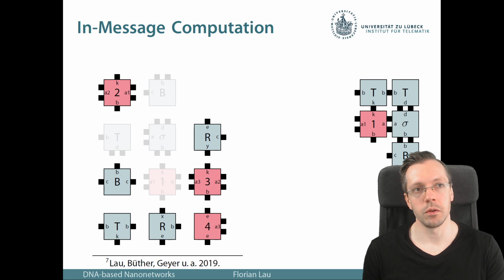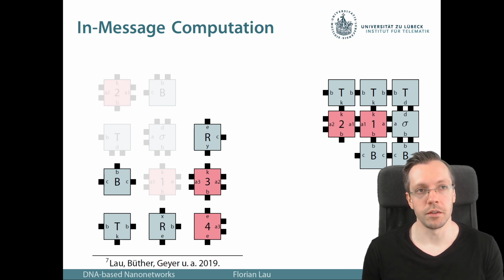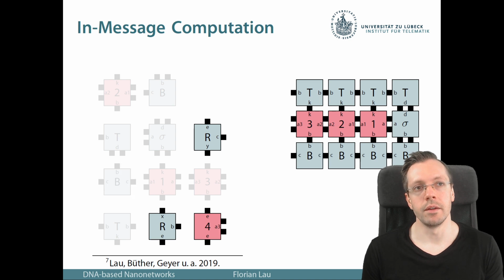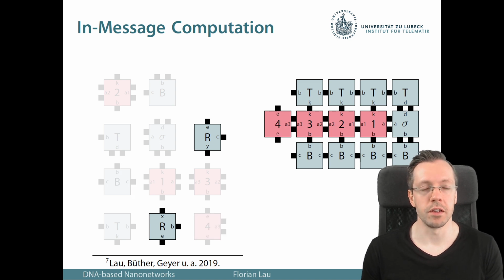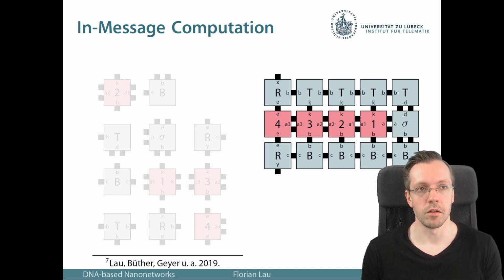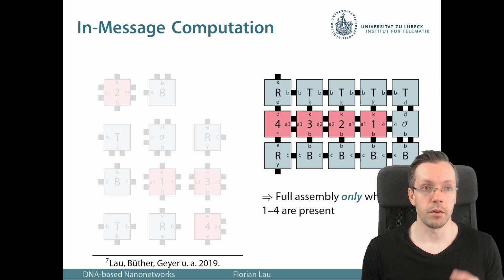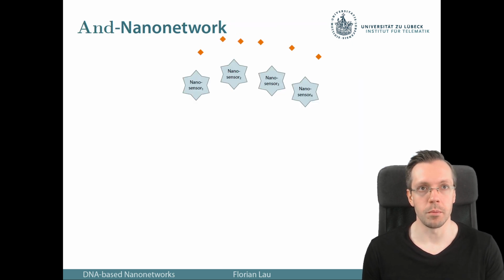And now the message molecule can continue to assemble, and the border structure can only continue when the next conditional tile is present, and the process repeats until the very last conditional tile is present, and now a receptor that communicates the result of a computation can bind to the message molecule. And it is very important that the message molecule can only finish when the computation has been successfully terminated, only when tiles 1 to 4 are present.